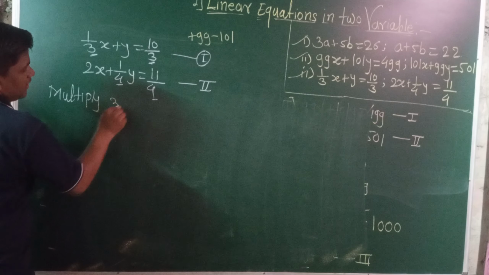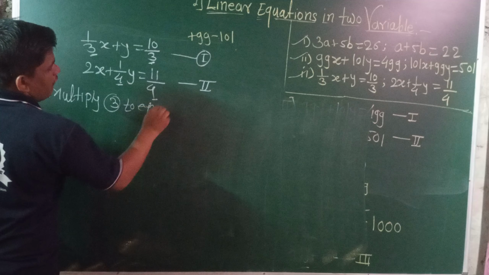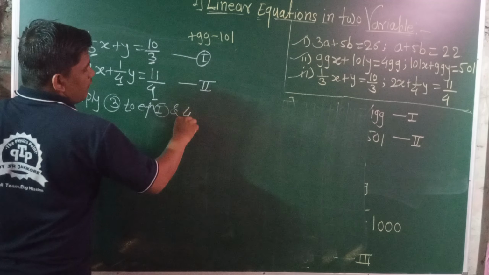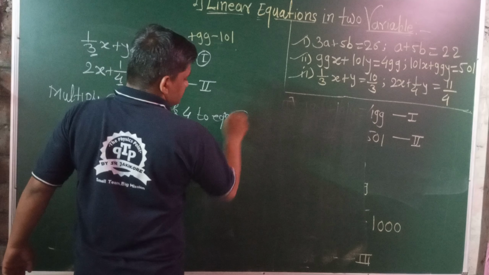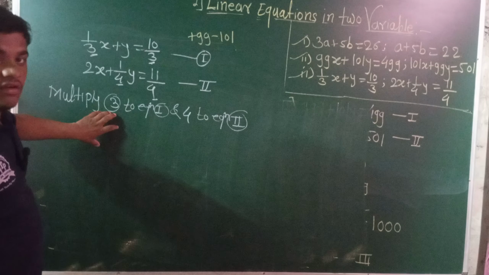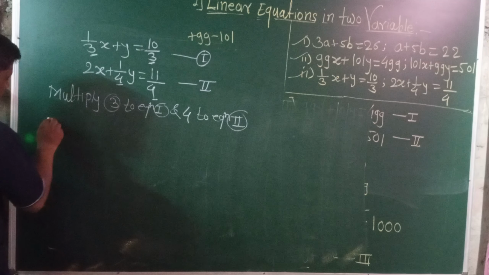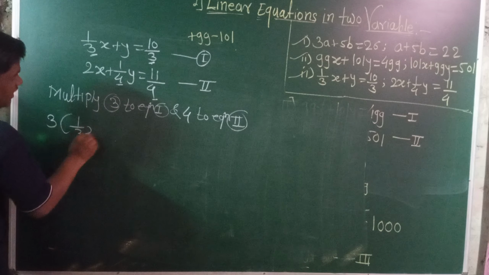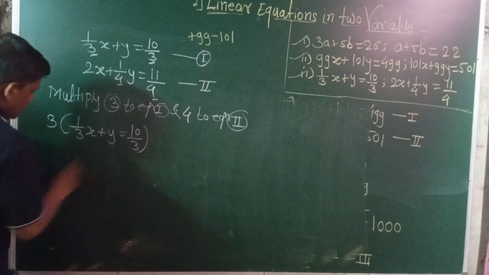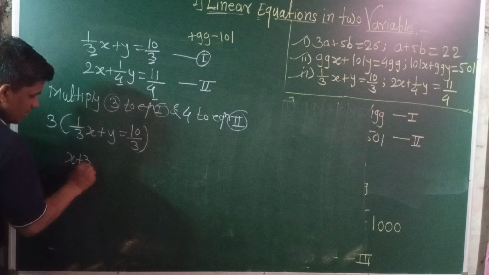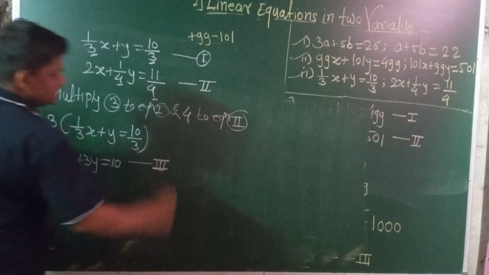Multiply 3 to equation 1 and 4 to equation 2. Multiplying 3 to equation 1, we get 3 into 1 by 3 x plus y equal to 10 by 3. Then we get x plus 3y equal to 10. This is equation number 3.